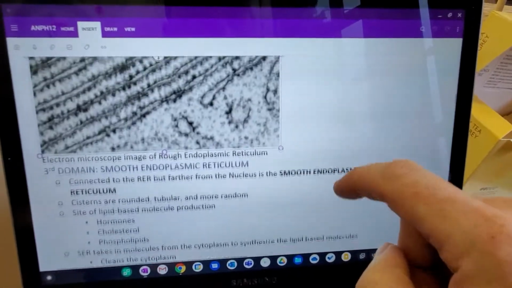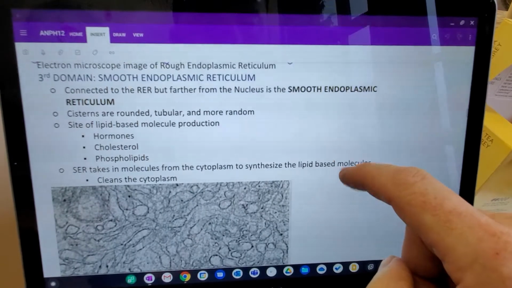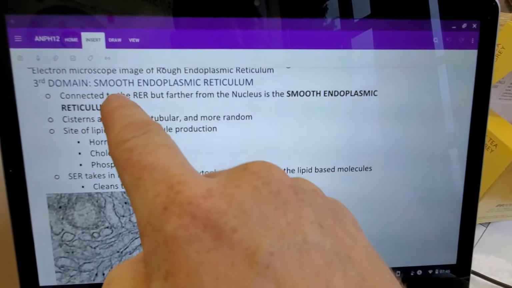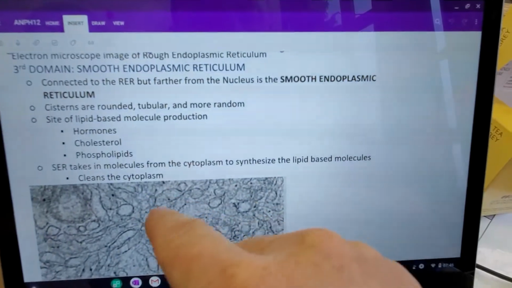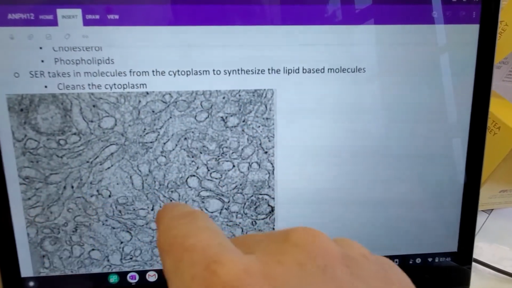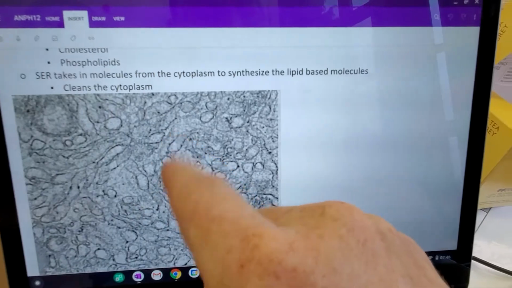The third domain is called the smooth endoplasmic reticulum, because there are no ribosomes. No ribosomes in the smooth. So it's smooth. It's not dotted with ribosomes. So that's not where proteins are made. No ribosomes, you can't make proteins. No protein synthesis. No ribosome, no protein synthesis.